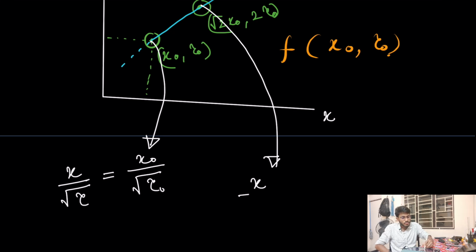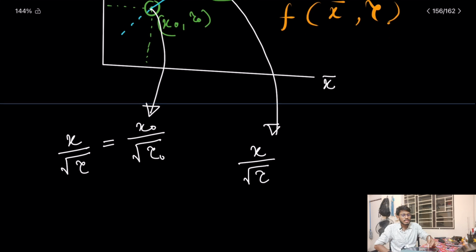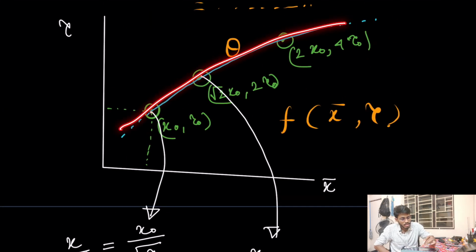Can you find a function f which is a function of x comma tau? I mean that was also not wrong, but still, can you find a function of x bar comma tau, I am sorry, other than theta, which is a constant along this line?